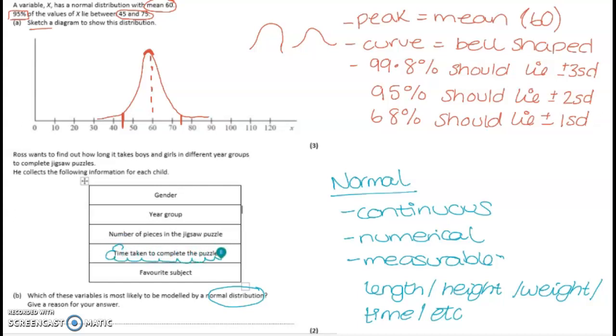So that is the one that is most likely to be modelled by a normal distribution. And the reason is because time is continuous.